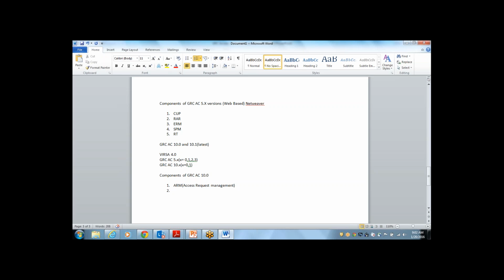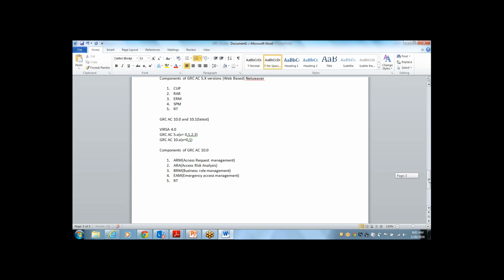Number two is ARA, access risk analysis. Number three is BRM. They just changed the naming convention. Business role management. Number four is EAM, emergency access management, and RT we had as usual.